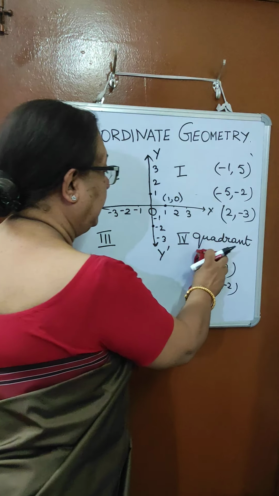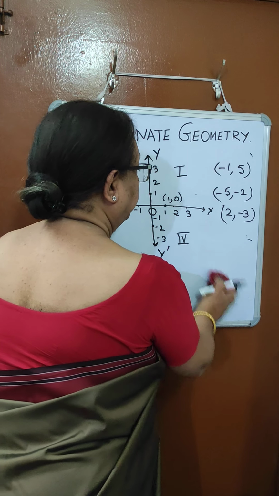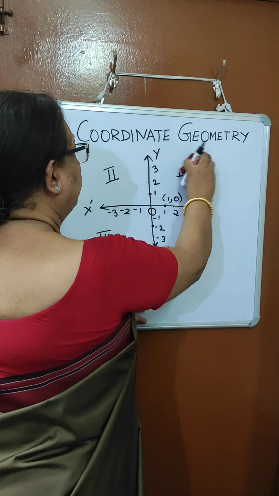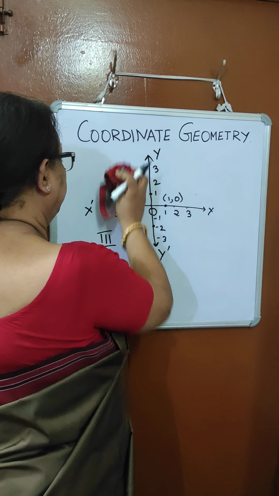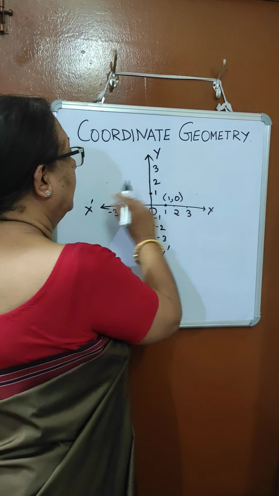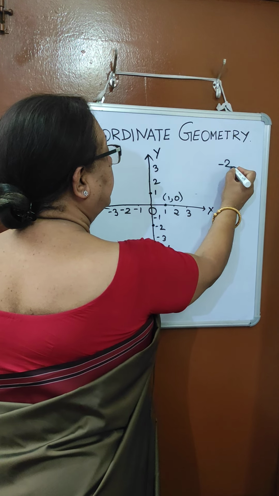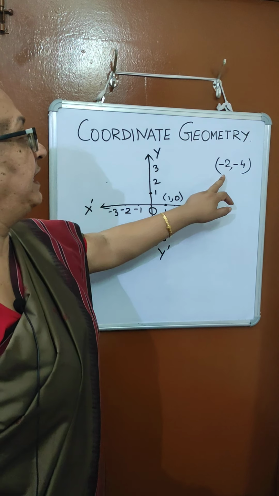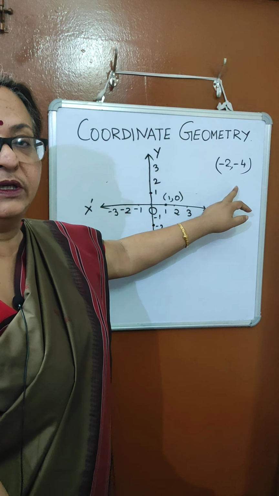Come on, let us see. Now suppose I ask you to plot a point. Suppose you have -2, -4. First of all, tell me, where does this point lie? Which quadrant?